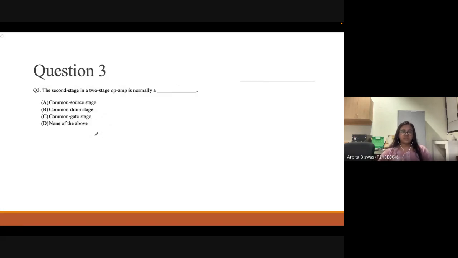The second stage in a two-stage op-amp is normally a dash. The first option is common source stage. The second option is the common drain stage. The third option is the common gate stage, and the fourth option is none of the above.